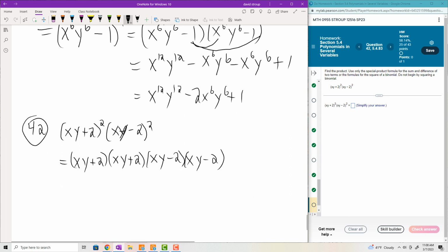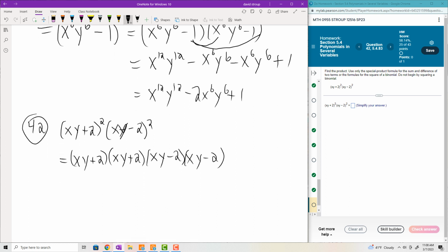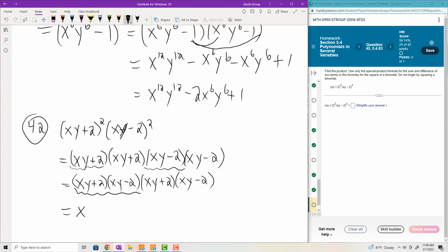Okay. But if you use the a plus b, a minus b formula and kind of group those expressions together like this, and then group these other two together like this, then you can multiply those out and you get a squared, which is xy squared, which is x squared y squared, minus b squared, minus 4.